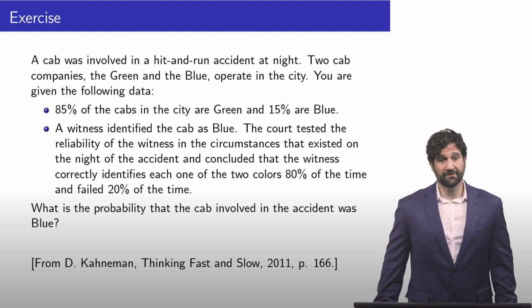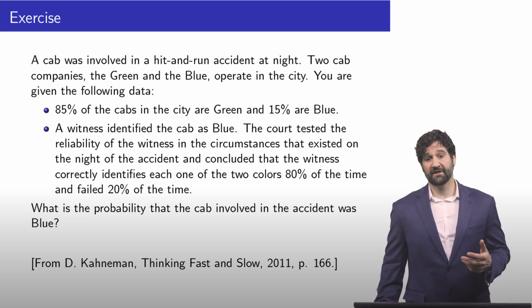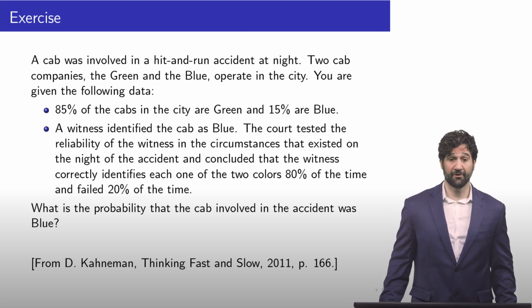The court tested the reliability of the witness and the circumstances on that night and concluded that the witness correctly identifies each of the two colors 80% of the time and fails 20% of the time. So what is the probability that the cab involved in the accident is blue? This is a famous example from Daniel Kahneman, Thinking, Fast and Slow.